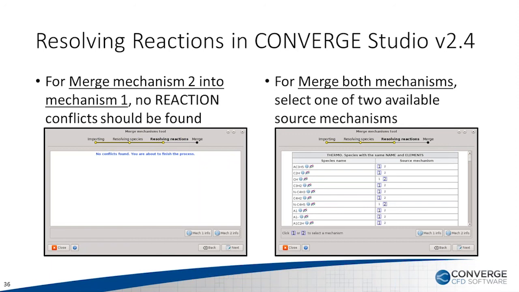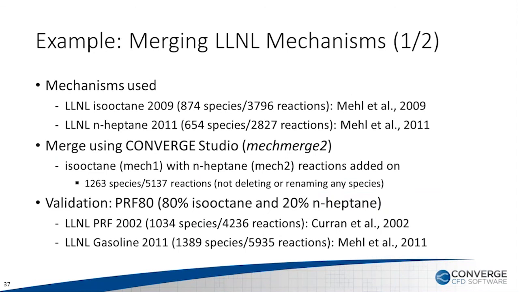However, if you want to simply put two mechanisms together, then you have to resolve the conflicts manually. Basically, in the GUI, it's going to show all the conflicting reactions and species. You have to pick which reaction you want to keep by clicking 1, 2, 1, 2, one by one here.